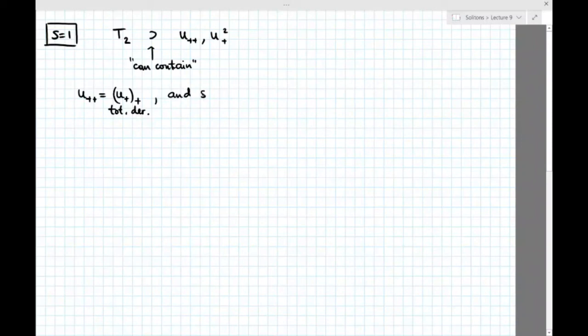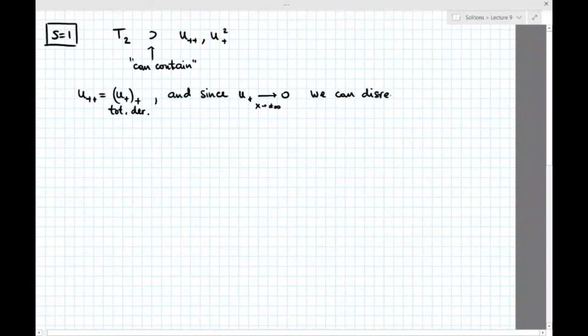And since the boundary conditions require that first derivatives of u vanish, so in particular u plus will vanish at spatial infinity, we will be able to disregard this term because it will have no effect on the conserved charge. And therefore, we can take T2 to be proportional to u plus squared without loss of generality, and in particular, up to normalization, we can take T2 to be equal to u plus squared.